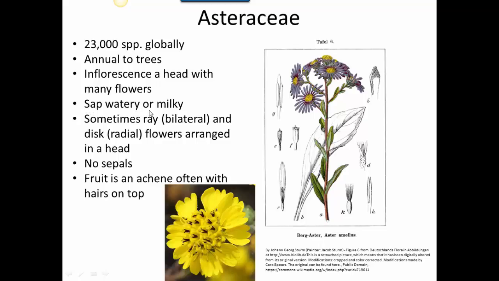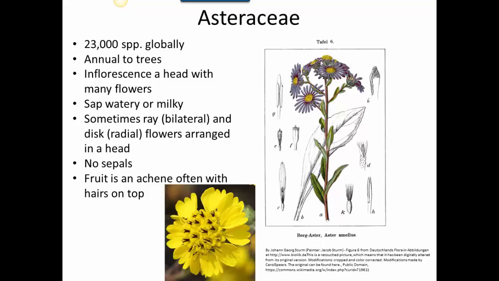One thing that I forgot to point out is that when you're trying to identify members of this family, you're often going to be asked to break the stem and look at the sap. So there's a large group within this family that has milky sap.